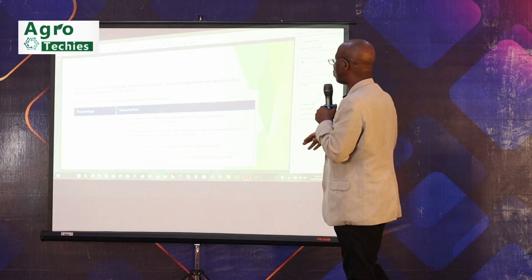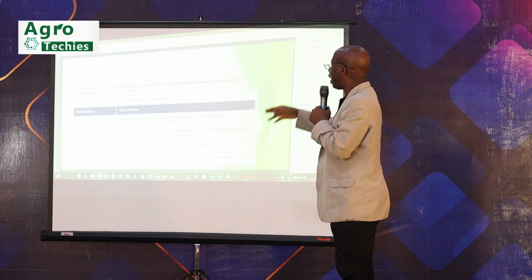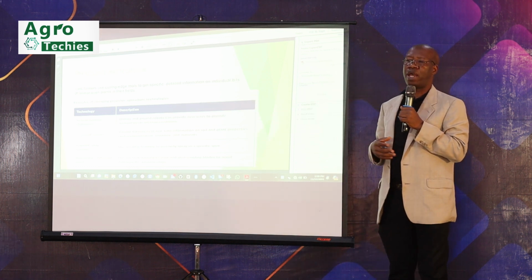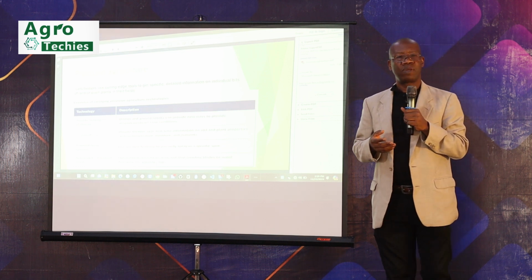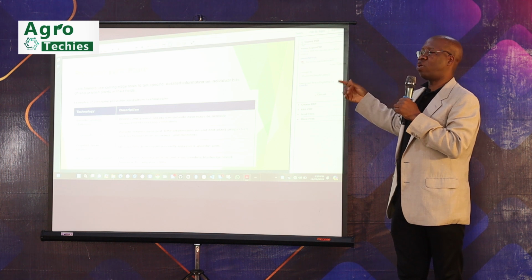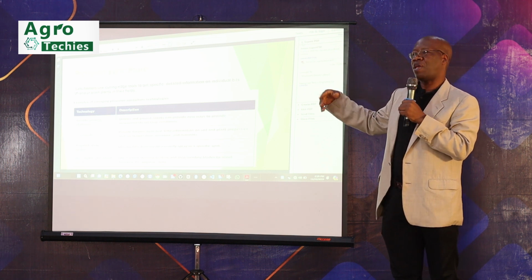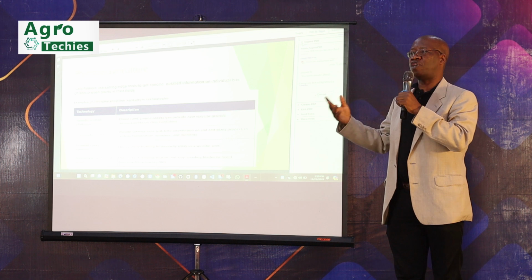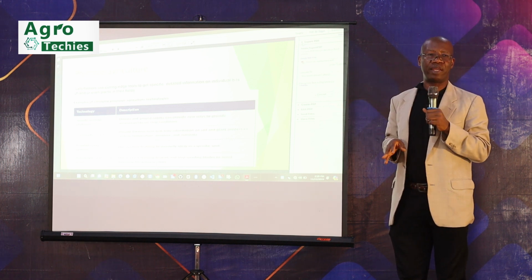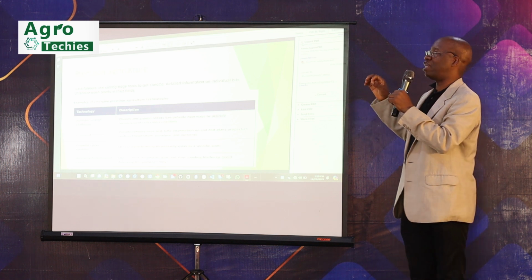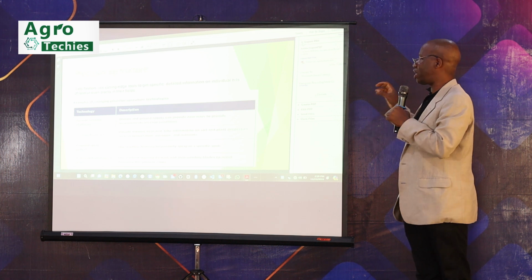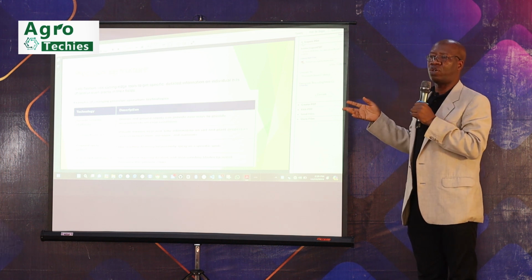You see, like the area of remote sensing, the area of irrigation, automated irrigation, that you can control the amount of water, amount of fertilizer in your farm without physically being there. So these are the right source, the right quantity. These are some of the things that precision agriculture gives you.